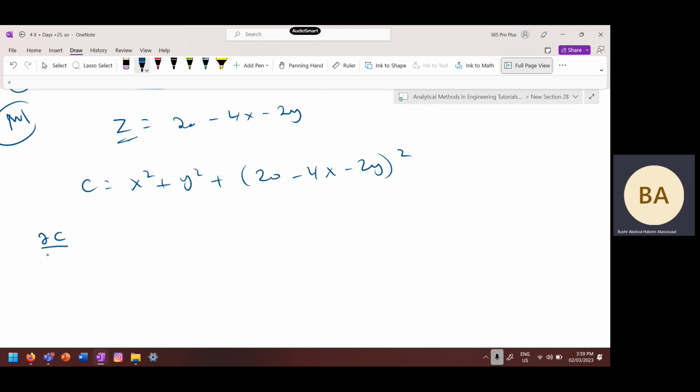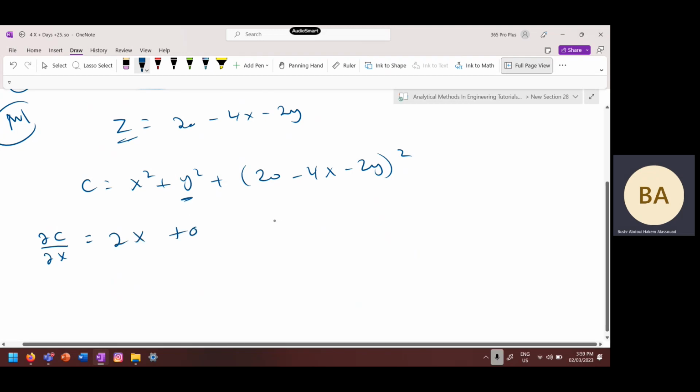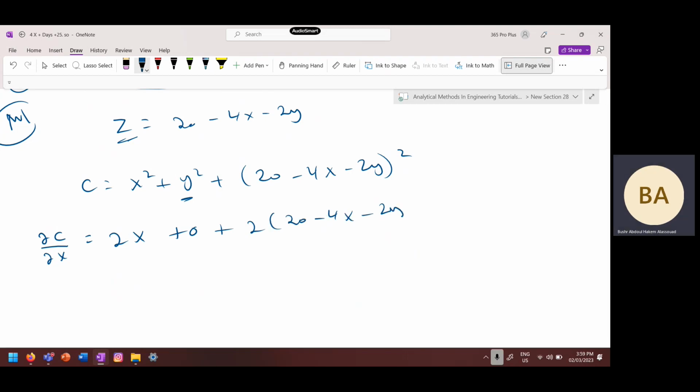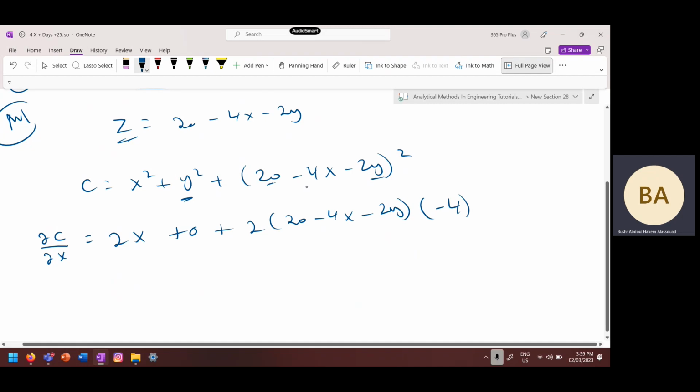So partial c over partial x is equal to 2x plus 0, because this is just an independent variable on x, plus chain rule here, 2 times (20 minus 4x minus 2y), and the differentiation with respect to x of what is inside the bracket, which is going to be negative 4. So you see the differentiation of this is 0, the same thing here, so only this one is differentiable. Equal to 0. You can see that there's a common 2 here, cancel it.